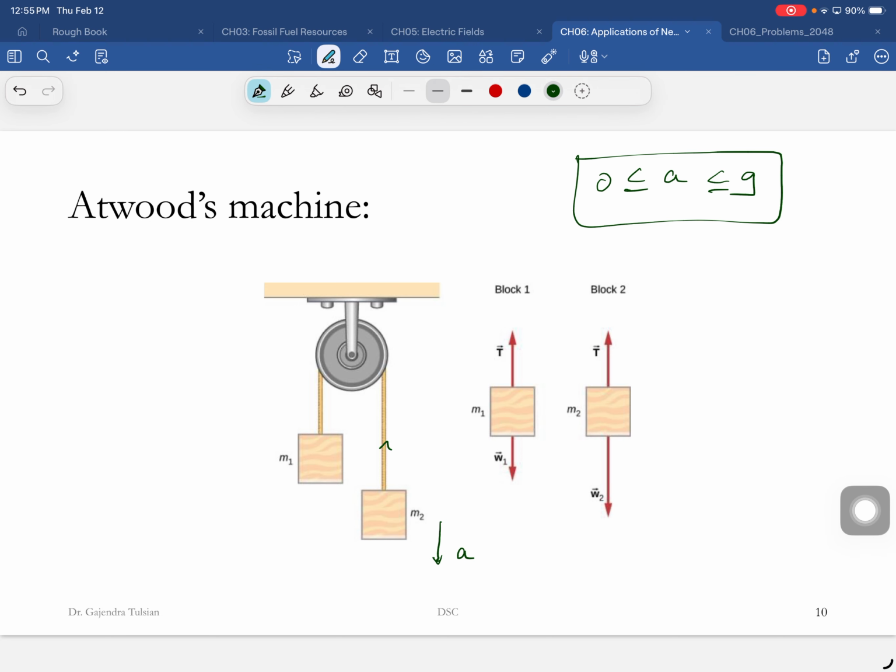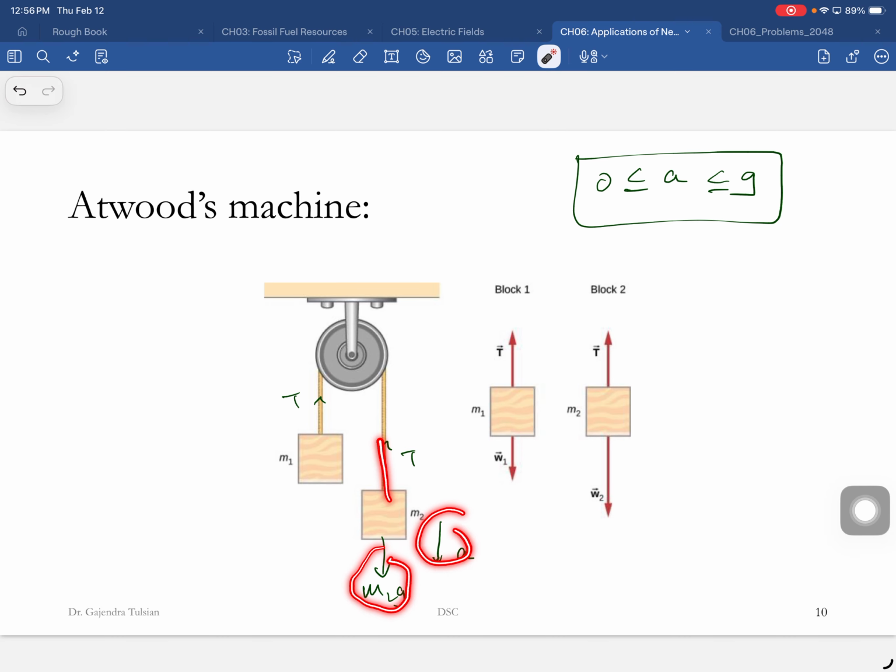So let's say this is the tension. As soon as I wrote this tension to be equal in the string, that means this pulley is massless and frictionless. If you look at the motion of this guy, we'll choose the downward direction as positive. So m2g minus tension is equal to m2 times a.